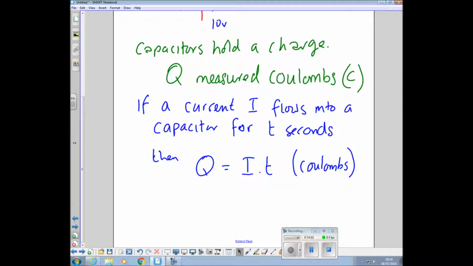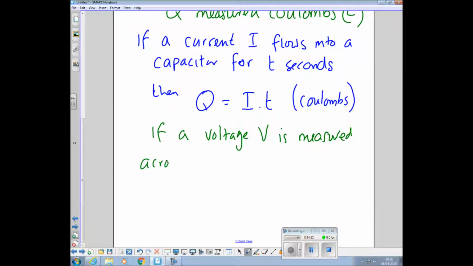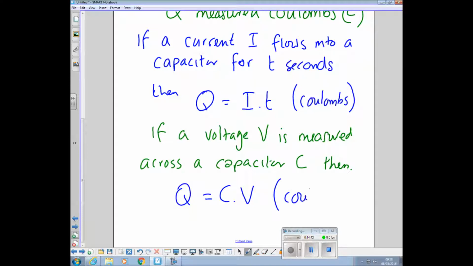Also, if a voltage V is measured across a capacitor C, then the charge stored Q is equal to C times V coulombs.